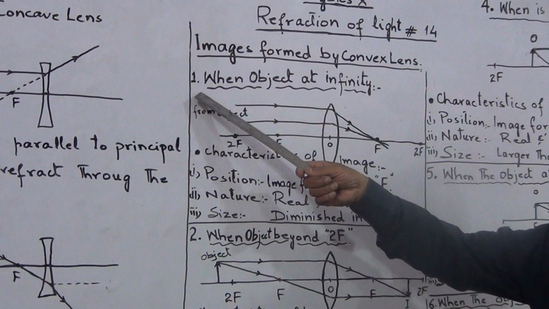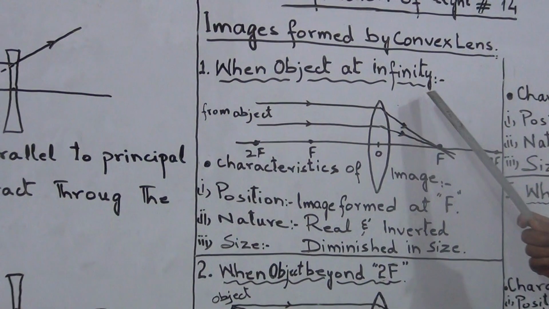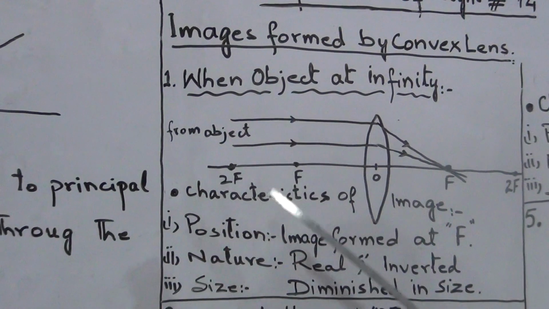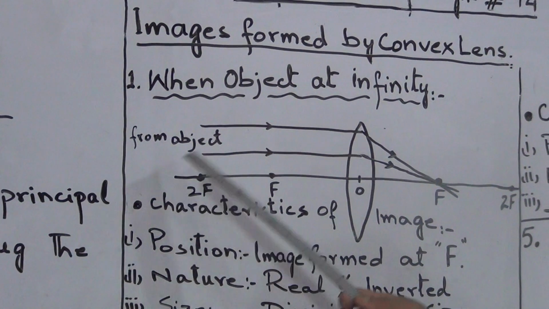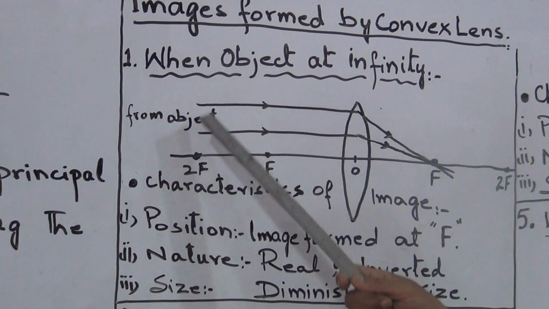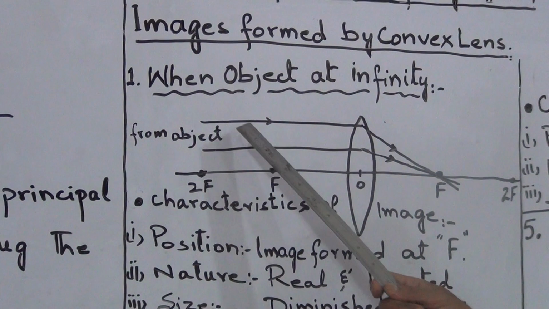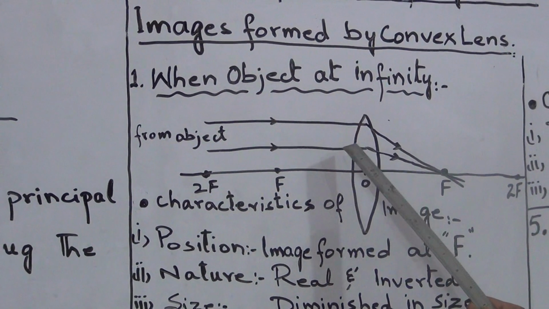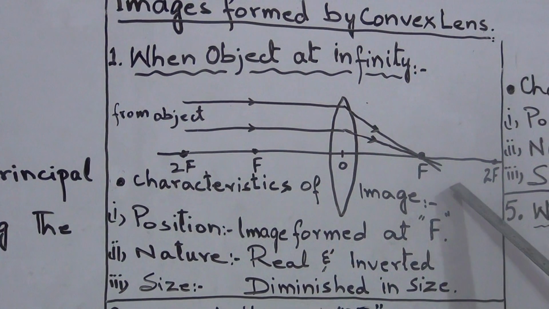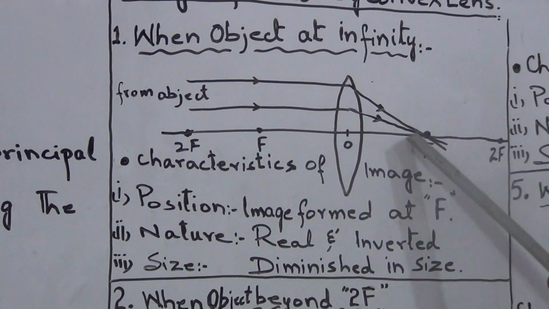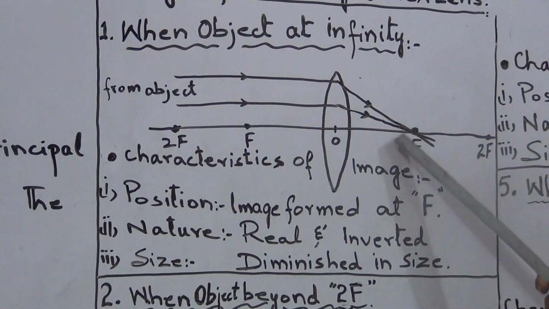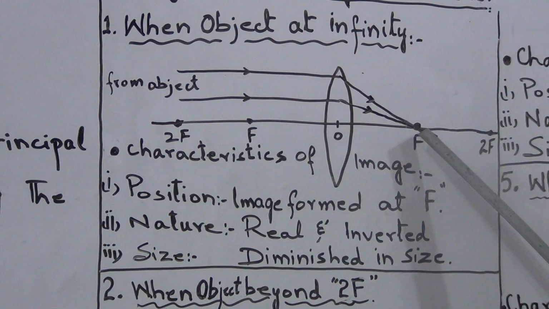Now, first case, when the object is at infinity, meaning the object is not being seen, it is farthest away. Two rays of light coming parallel to the principal axis from the object pass through the principal focus, intersect at the principal focus, and the image is formed at the principal focus.